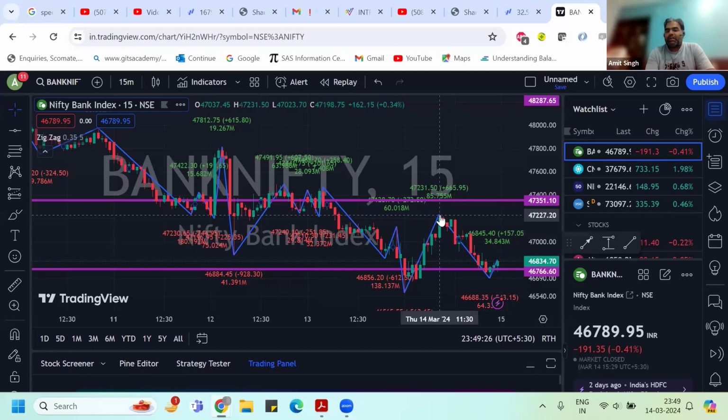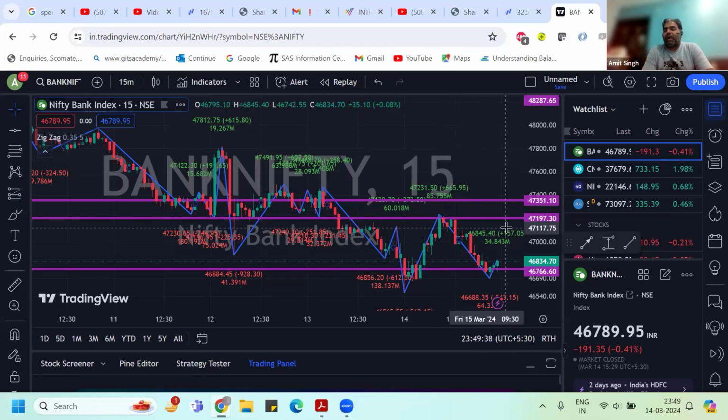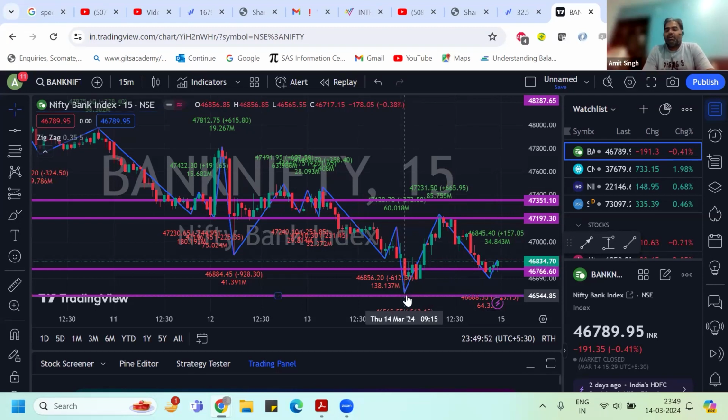The next target we can look for Bank Nifty would be 47,197 for tomorrow's movement. And if it crosses that, if the breakout happens, then the next target we can look for would be 47,351. So I hope you are getting this. The crucial support at the current value of Bank Nifty would be 46,544.